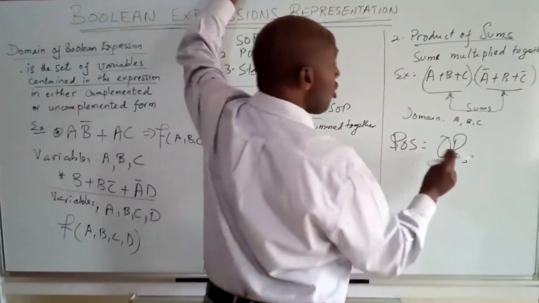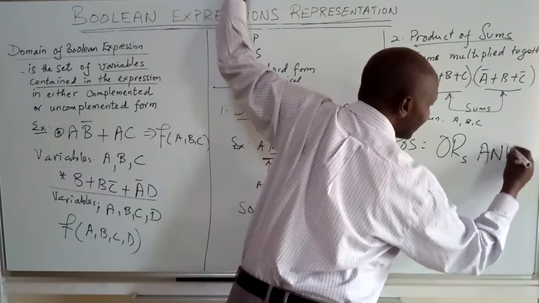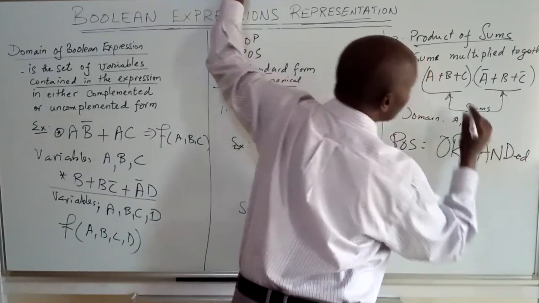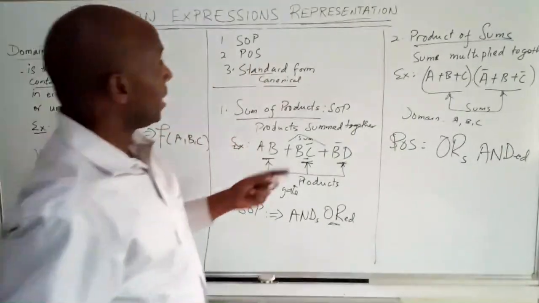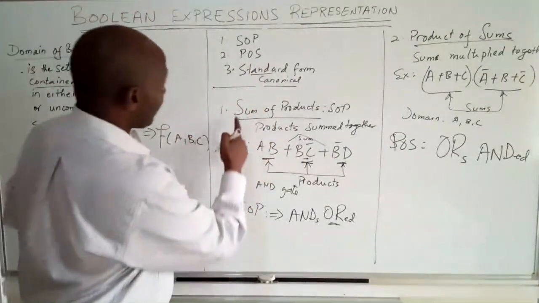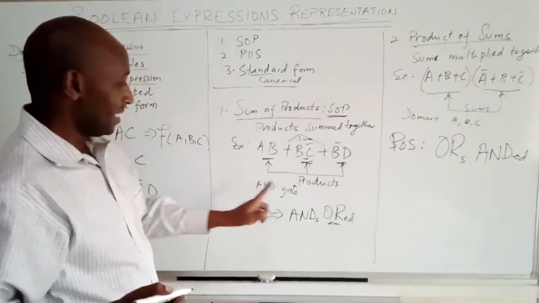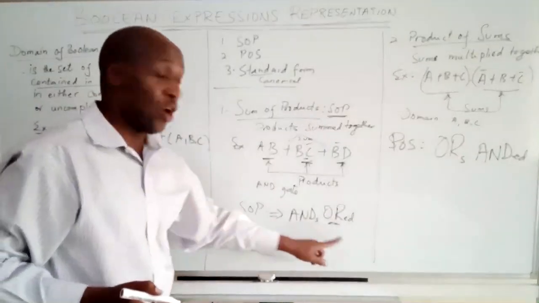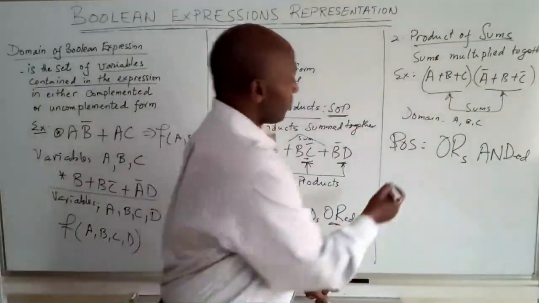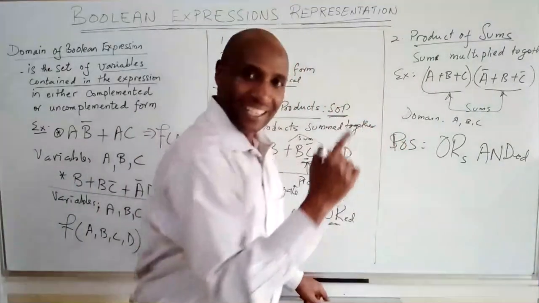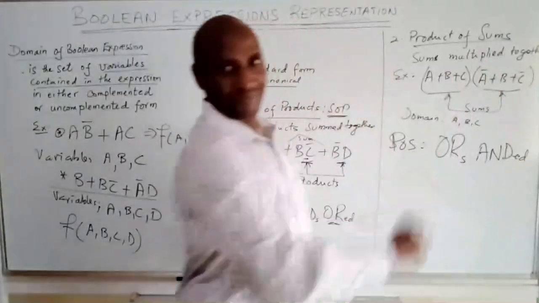So these are ORs ANDed. Because multiplication means AND. So that's why, friend, you can see that the sum of products is ANDs ORed, while the product of sums is ORs ANDed.